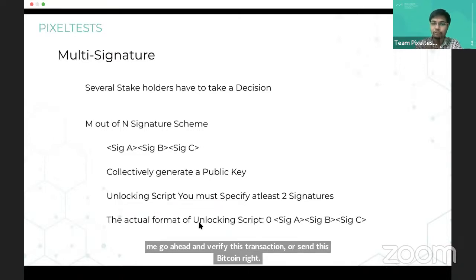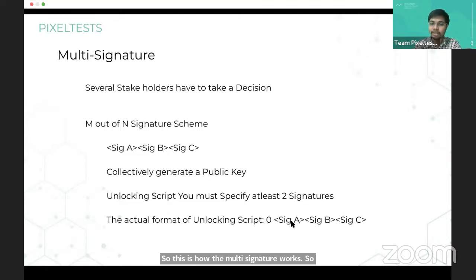So the actual format of the unlocking script is, now how we have a signature of one person, whenever you have a joint signature, for example, if I have Jay Ganesh, Irfan, and Raja sir, the 3 of you have signatures, your unlocking script format will be first the signature of Jay Ganesh sir, then Irfan sir, then Raja sir.